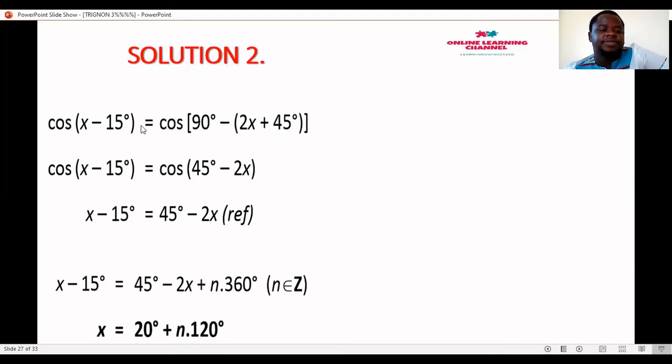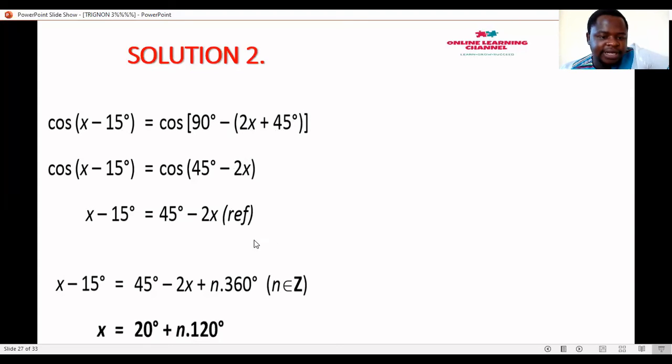It will be cos of x minus 15 is equal to cos of 90 minus 2x plus 45. So here you equate the angles, you just equate the angles. So you will have x minus 15 is equal to 45 degrees minus 2x.